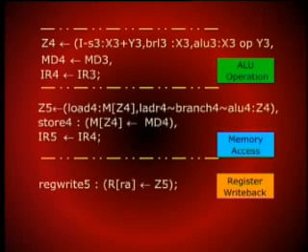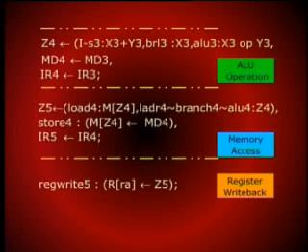If it is a branch and link instruction, BRL3, Z4 would contain X3. And if it is an ALU instruction, that means ALU3 is true, the operation indicated would be completed and we will have X3 op Y3. For example, if it was addition, then X3 and Y3 would be added. If it was an OR, X3 or Y3, and the result would be placed in buffer register Z4.